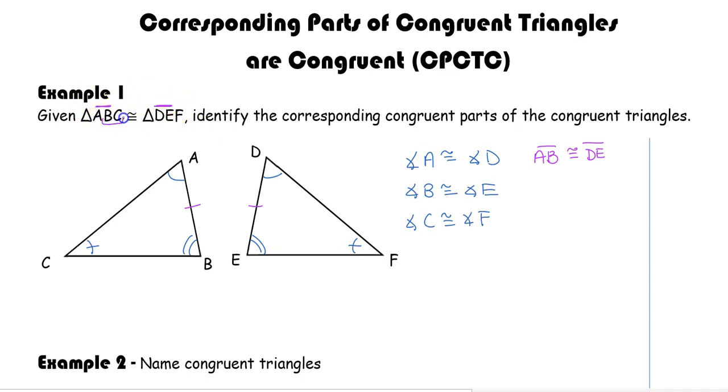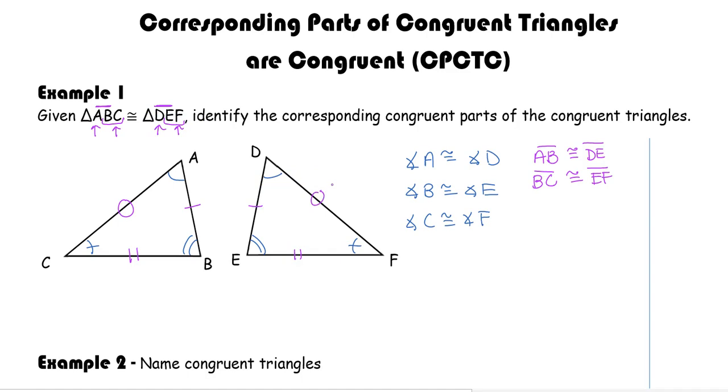The next 2 letters in the first one are BC, the next 2 are EF, so I know that segment BC is congruent to segment EF. And last, A is the first letter, C is the last letter, so segment AC is congruent to segment DF.